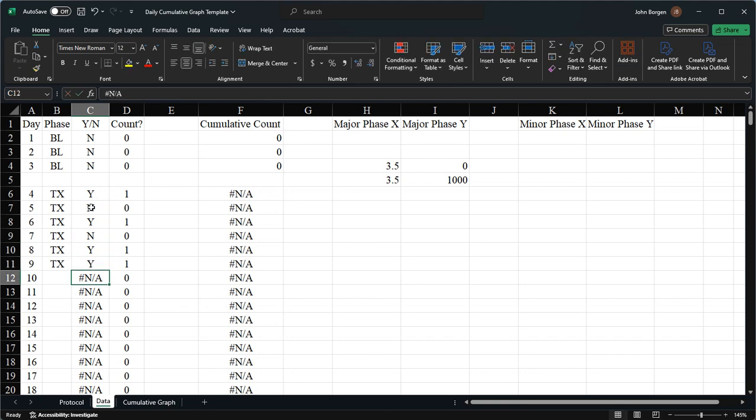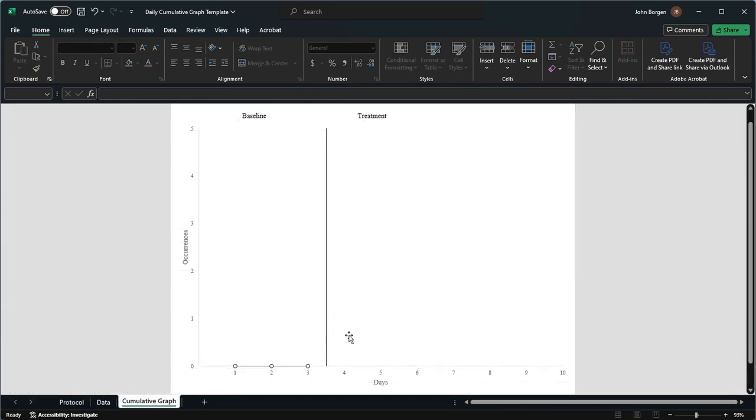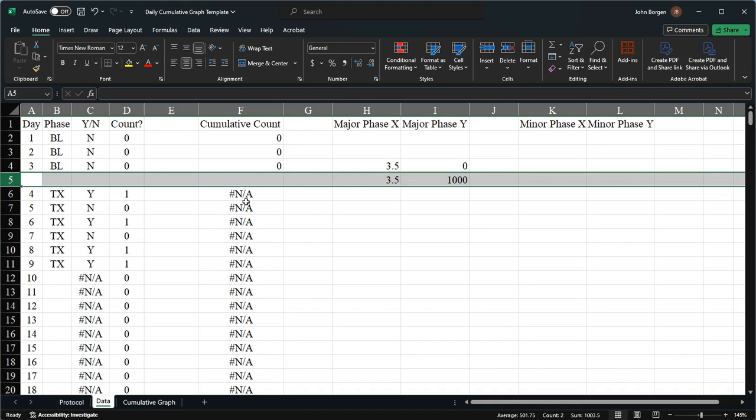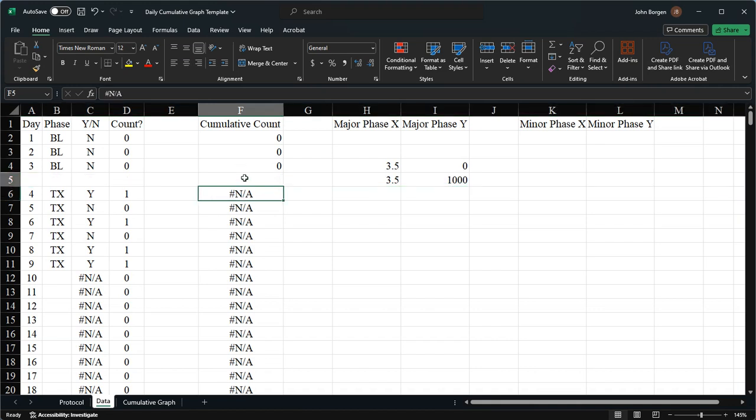Now let's say we have this. And we come back over here and immediately, where is our data? Well, I'm going to show you what the issue is. The issue is that when we put in this blank column, it interrupted these cumulative counts. And it has no idea what it's doing.